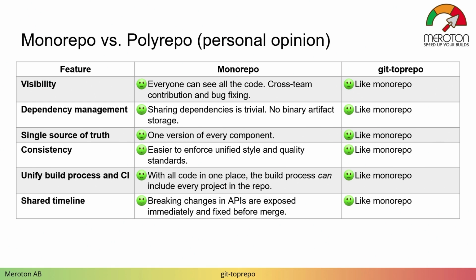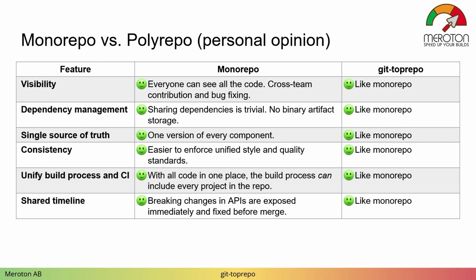Now, oh no, this holy war again. So there are monorepos, and I didn't know how to fit this in, but I want to do some kind of comparison. So visibility: if everyone can see all the code in a monorepo, cross-team contribution, I think that's positive compared to a polyrepo setup.